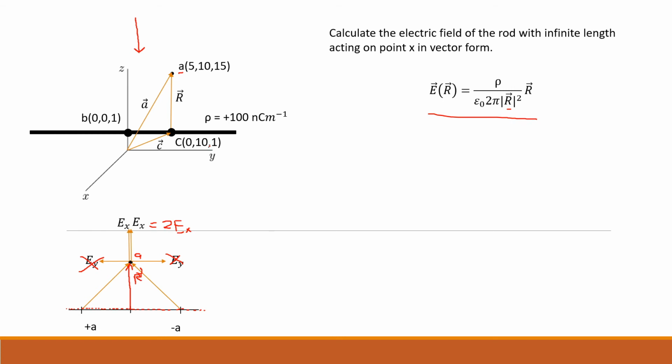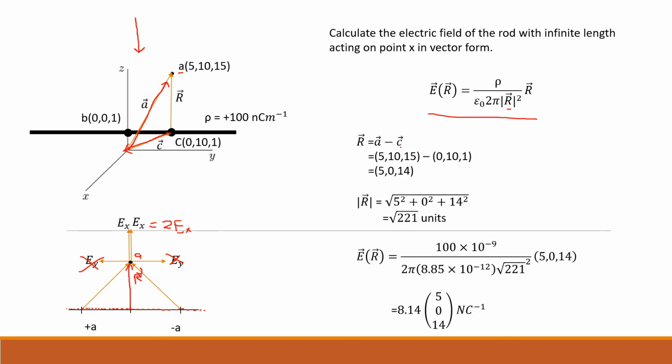And 1 is the height, which is fixed. We want to find the R vector, and it will be like so: this direction plus this direction, which is minus C vector plus A vector, equals the R vector.